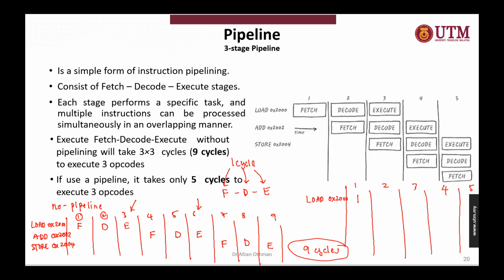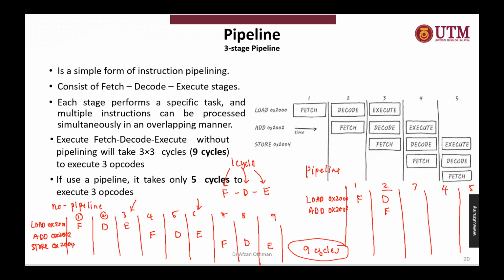First we fetch. Next, on the second cycle, the first instruction is now doing the decoding process. And at the same time, this is why you use a pipeline, the second instruction will be fetched.